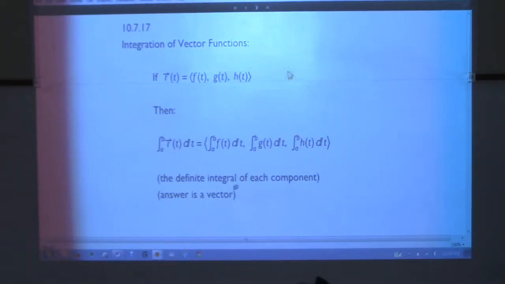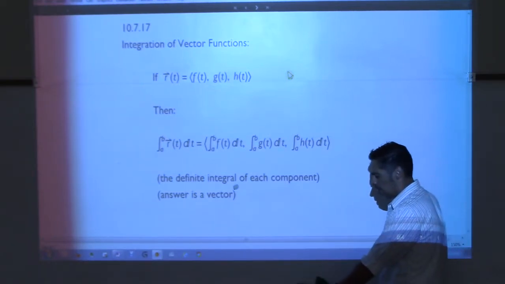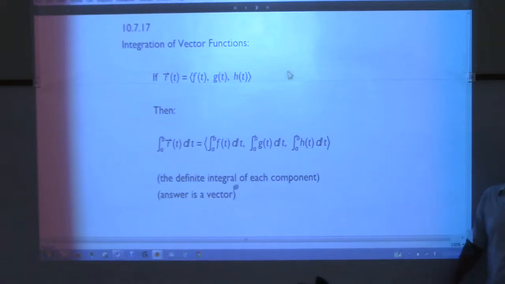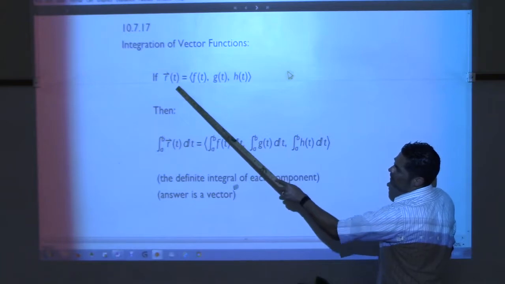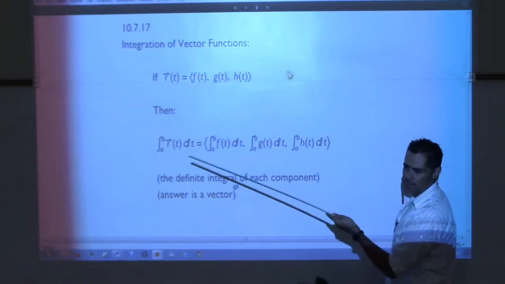I want to get to integration, though. If you have a vector function, we should be able to integrate it. If you can differentiate it, you sure should be able to integrate it. And luckily for us, the integration is as straightforward as the differentiation was. If you want to integrate a vector function r of t, it has three component functions, possibly two.